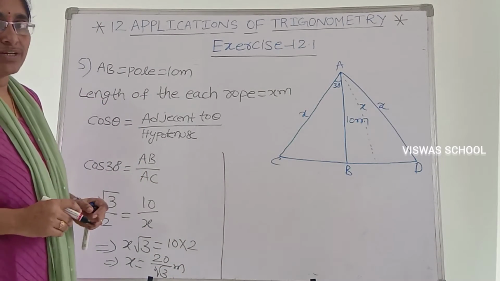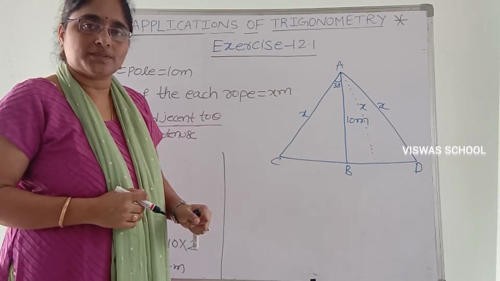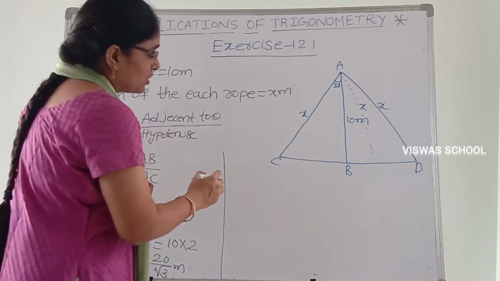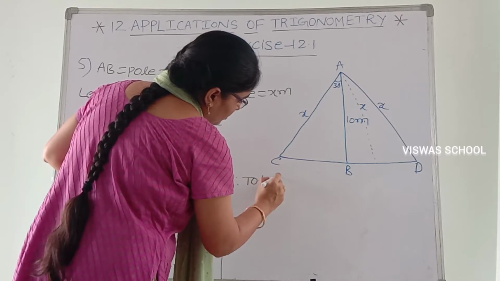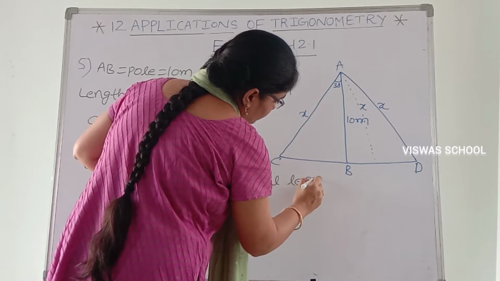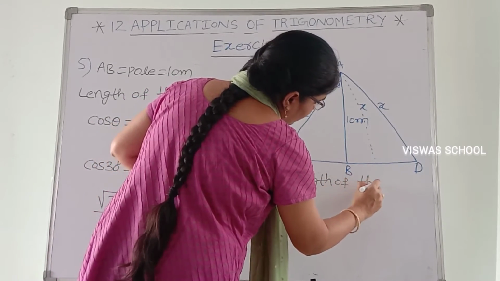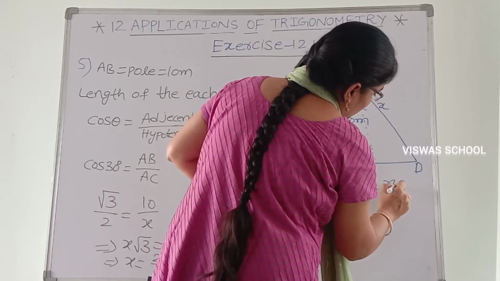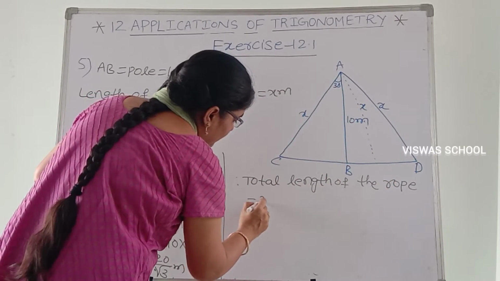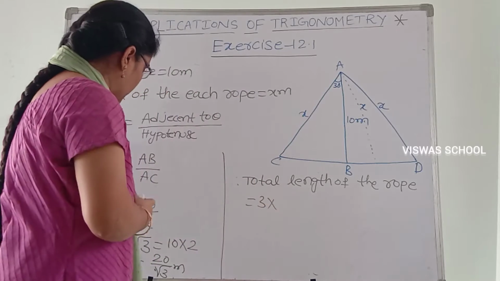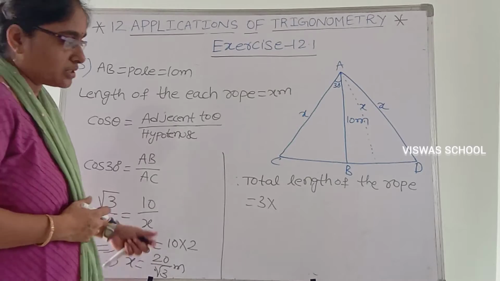Now we want to find the total length of the rope. We have how many ropes here? 3 ropes. Therefore total length of the rope is equal to 3 into, where each rope length is 20 by root 3.